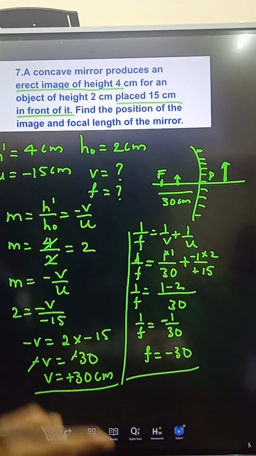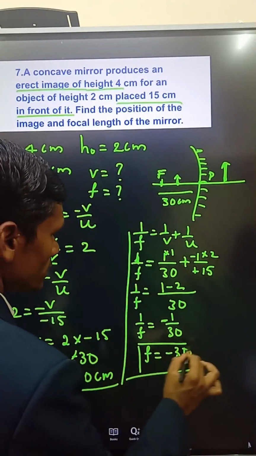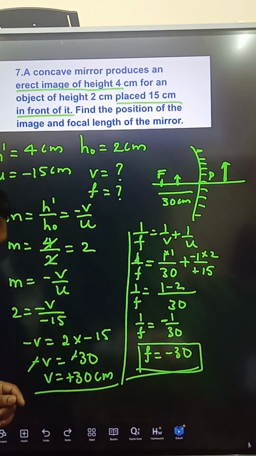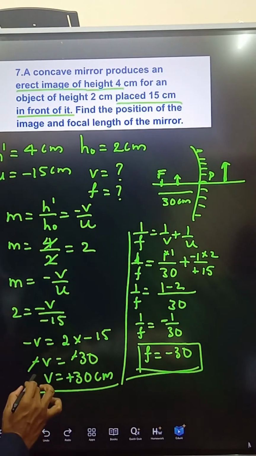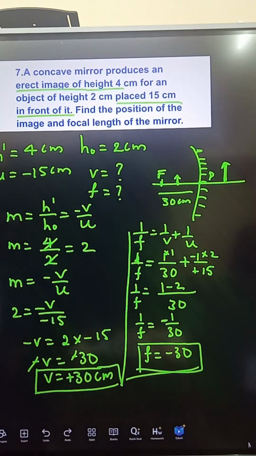Remember, it is correct what we have done, right? So this is how we can get here. We got focal length also, right? Focal length we got. This side image distance also we got, right? So this is the seventh problem. Okay. Next.